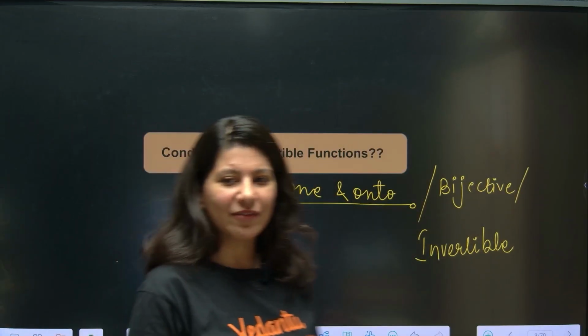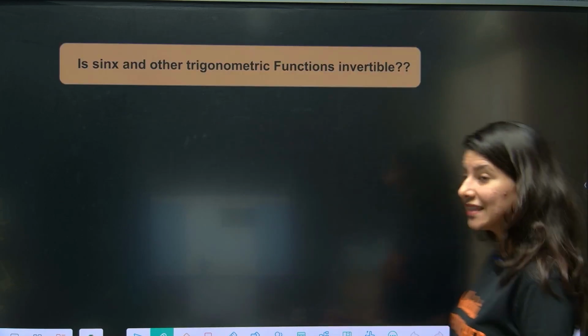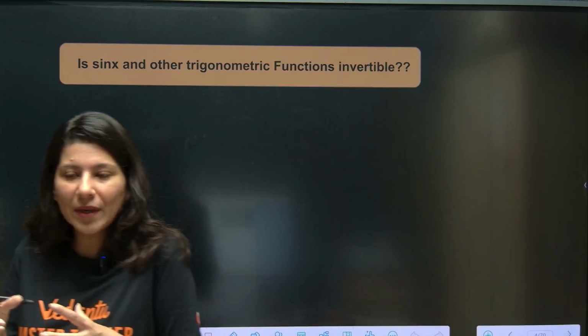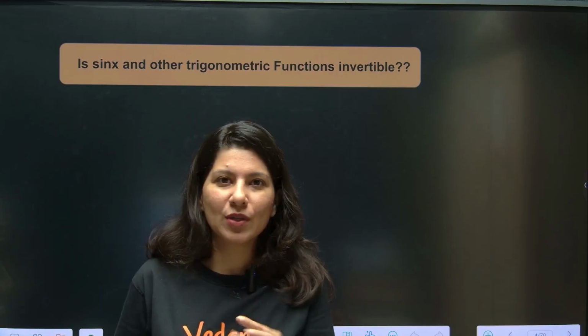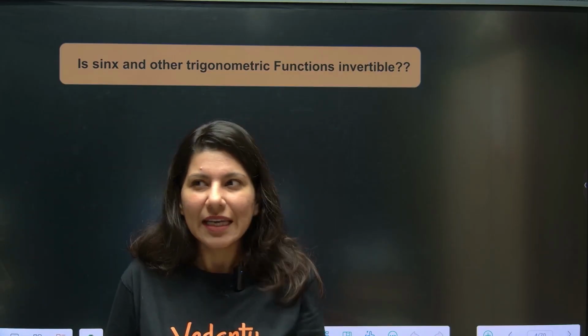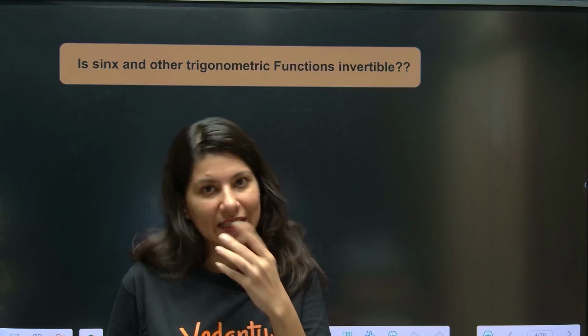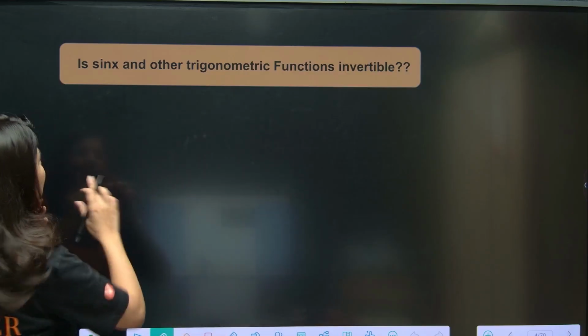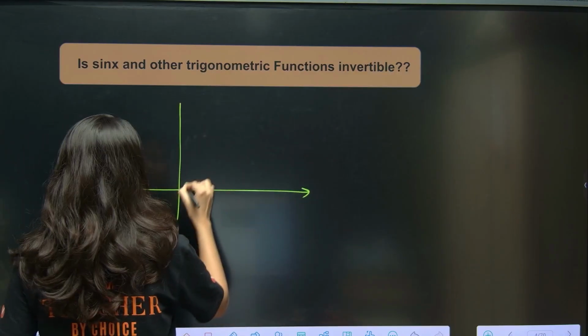So now, if I go by inverse trigonometric functions, we see that for a trigonometric function, suppose sin x, is sin x a 1, 1 and onto function? Let's see. Is sin x, or any other trigonometric function, invertible? Can you see the sin x graph?